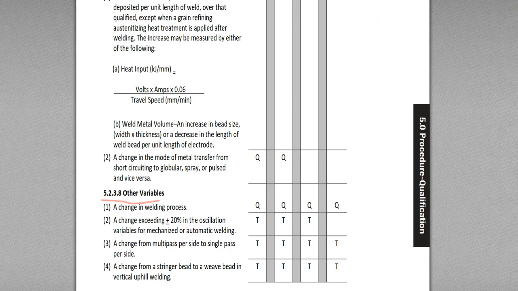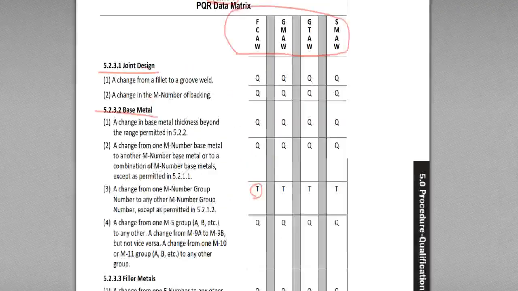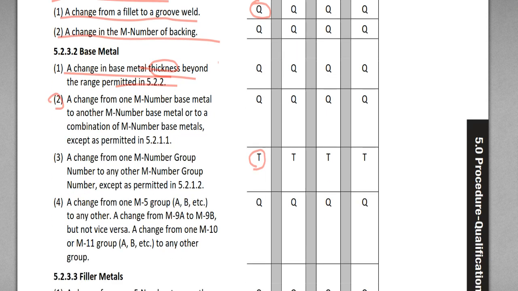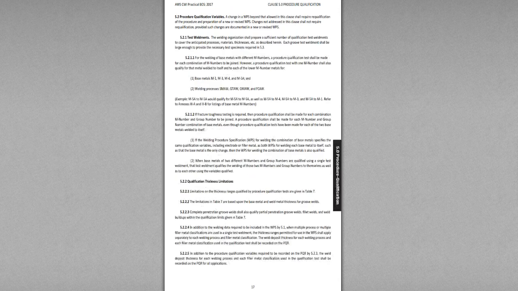So go back to Table 8. Table 8 says in the base metal section, changing base metal thickness beyond the range is a qualification issue, but here the thickness is in the range of the qualification. And number 2: change from one M number base metal to another M number base metal, or to a combination of M number base metals, except as permitted in 5.2.1.1. So go to 5.2.1.1.